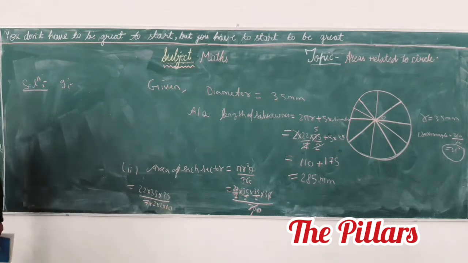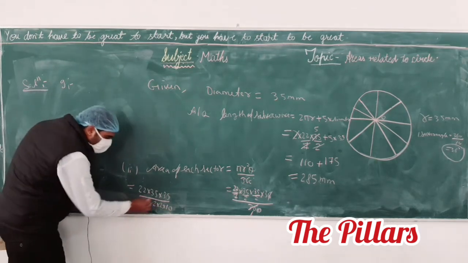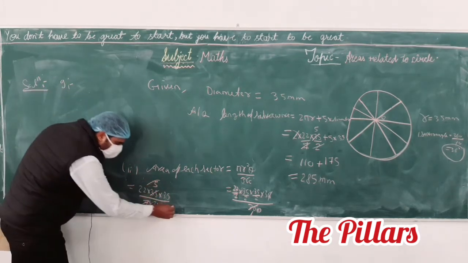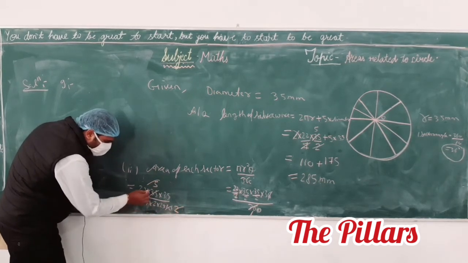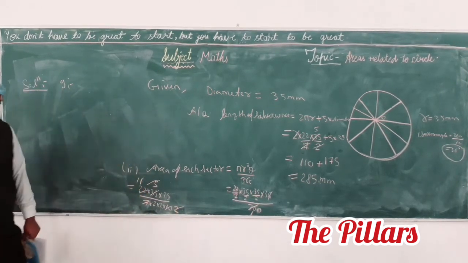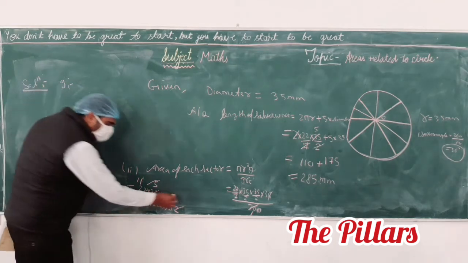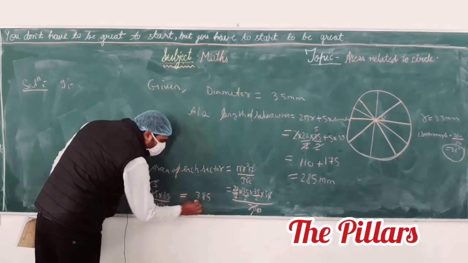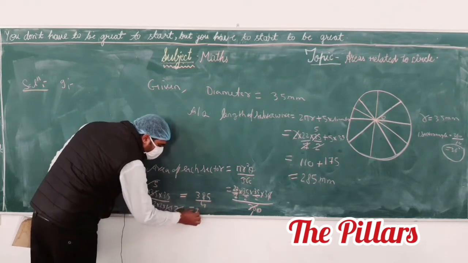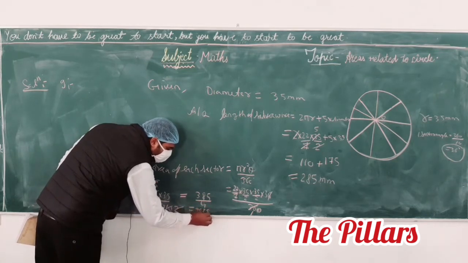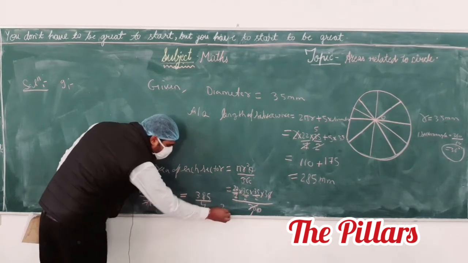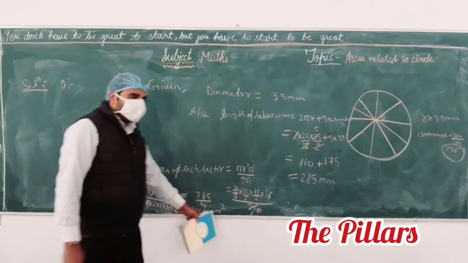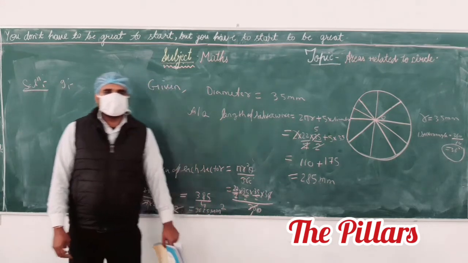Till here, does anyone have any problem? 7 fives are 35, 5 twos are 10, 2 elevens are 22, which gives 385 upon 4. This equals 96.25 millimeter square. This is the area. Anyone have any problem in this question? Okay.